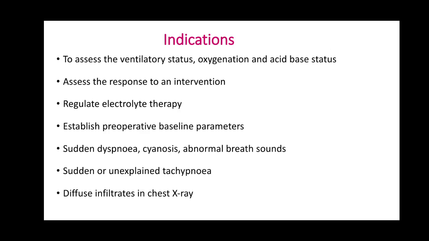And the indications are to assess the ventilatory status and oxygenation and acid base status, to assess the response to an intervention, and to regulate the electrolyte therapy for the patients, and sudden or unexplained abnormal breath sounds, and also diffuse infiltrates in chest x-ray.